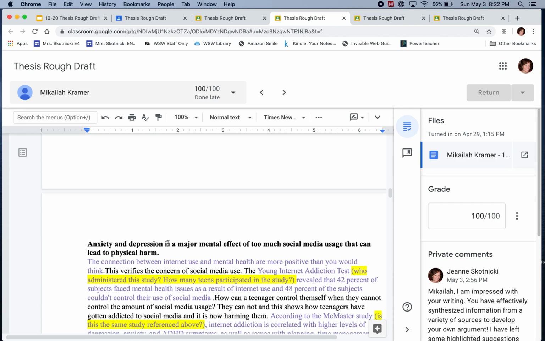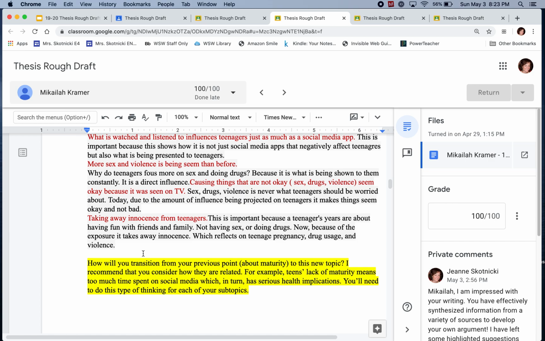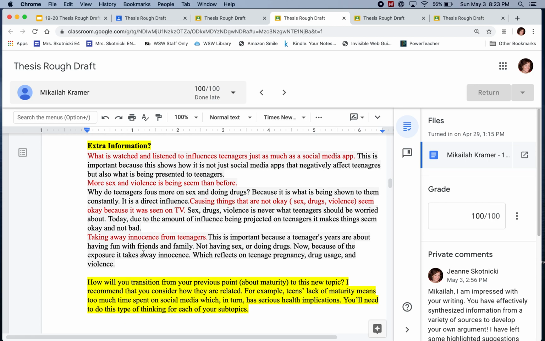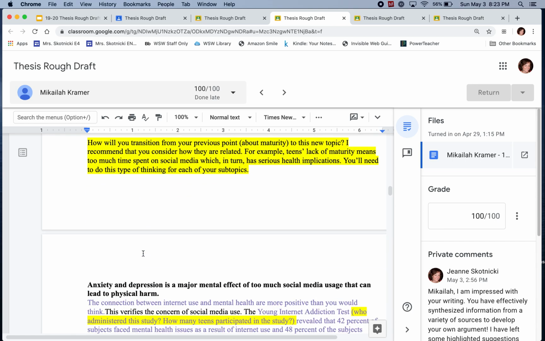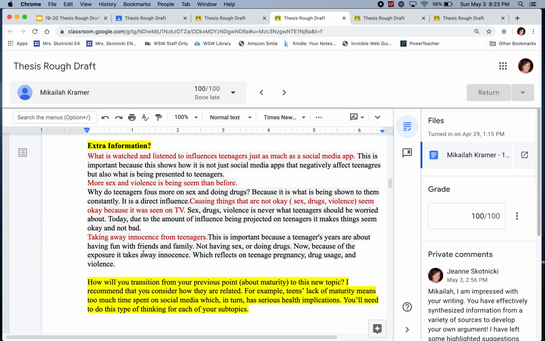And that new topic is that anxiety and depression is a major mental effect of too much social media use. At first glance, we might think, okay, maturity and mental illness or depression may not be readily related.